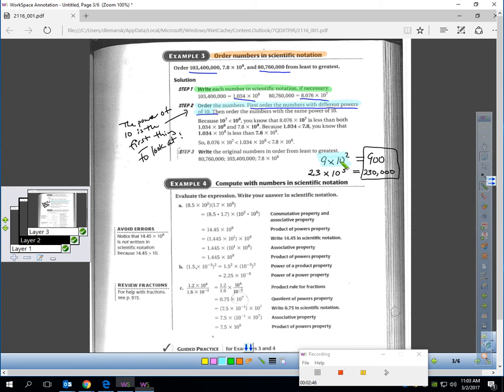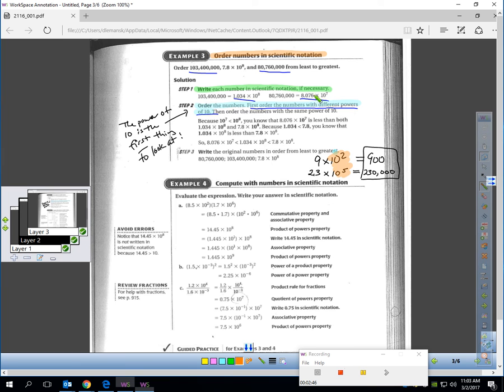No, that's not right. What I'm showing you here in what I highlighted in blue is we have to look at the powers first because these tell us which number's bigger. Think about it. 10 to the fifth is 100,000. 10 to the second is 100. 100,000s are way bigger than hundreds.